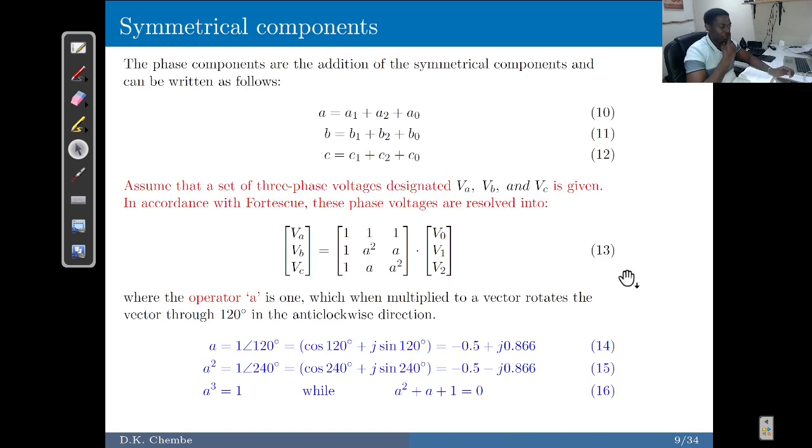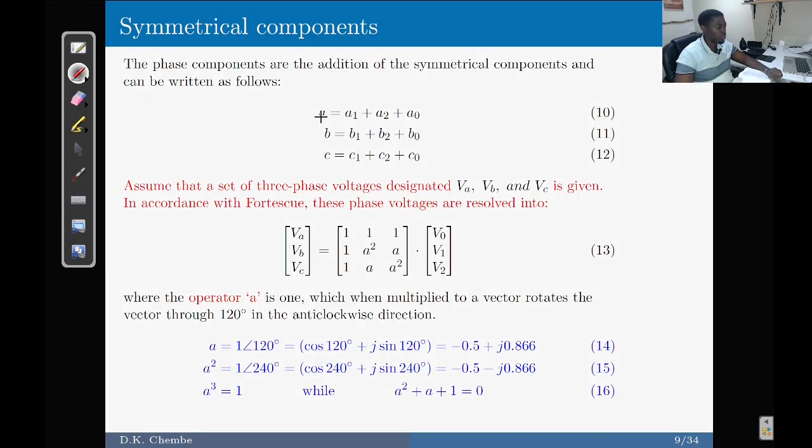From the symmetrical components, we are able to determine the phase components as the addition of all the symmetrical components. So if we add the symmetrical components, we can determine the phase component for A, which is A1 plus A2 plus A0.